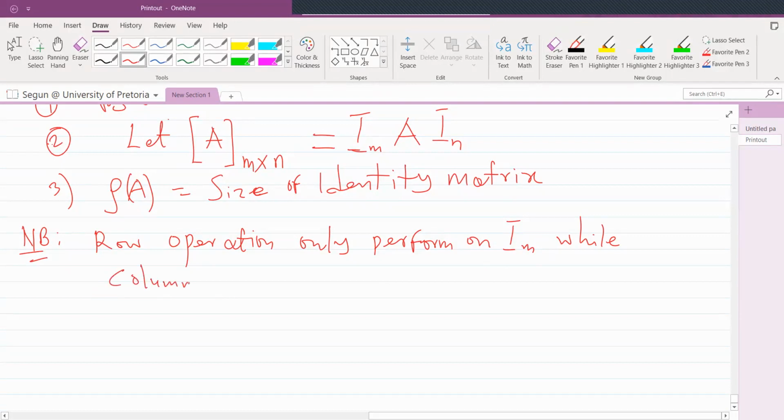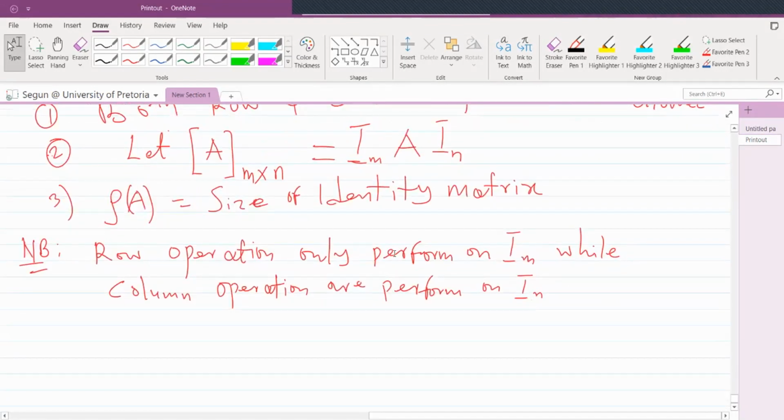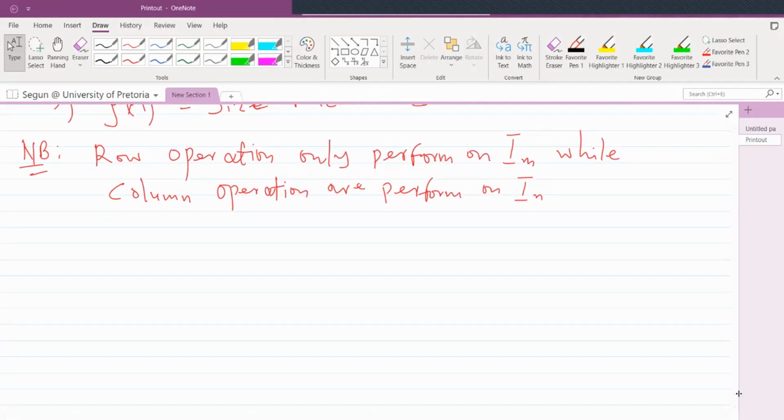Column operations are performed on I subscript N. So we have this. Let's look at the question.